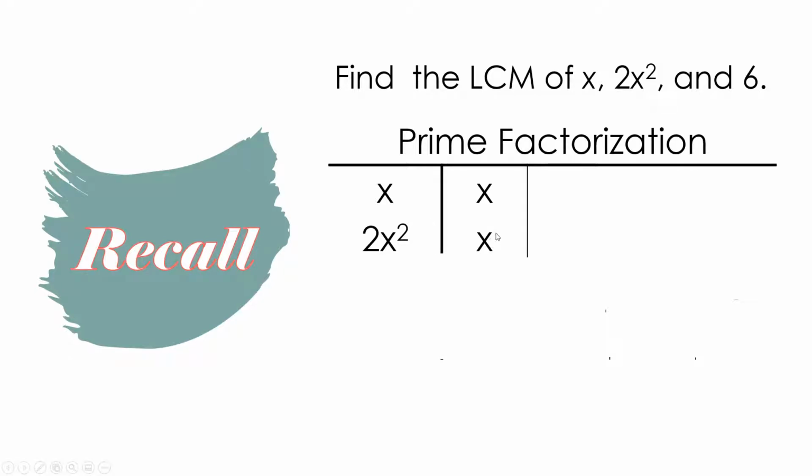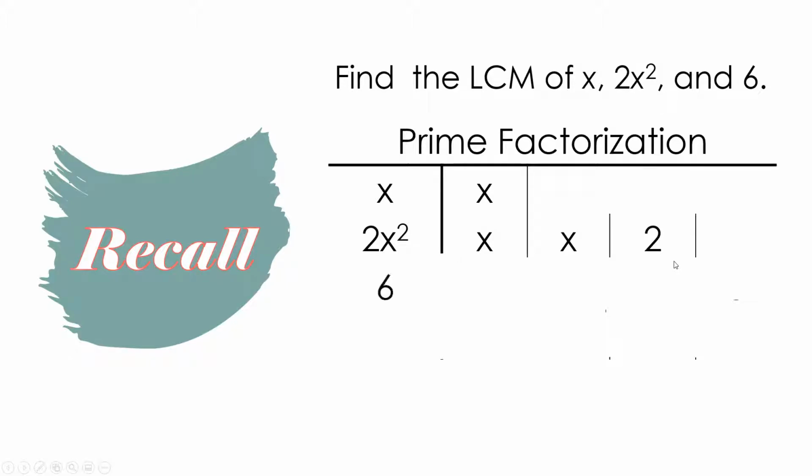If we divide 2x squared by x, there is another x that can be derived. As we can see, we have x squared, which means there are 2 x's being multiplied. Another factor is the 2. If we multiply x times 2, the answer is 2x squared.